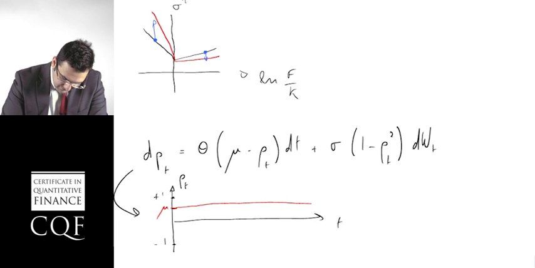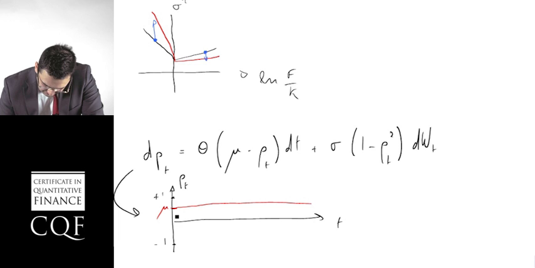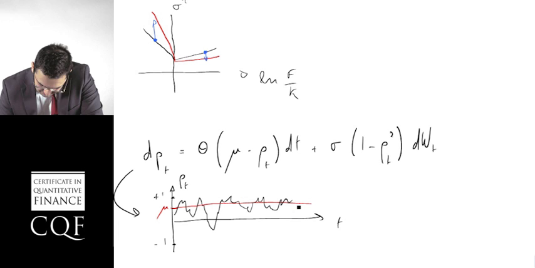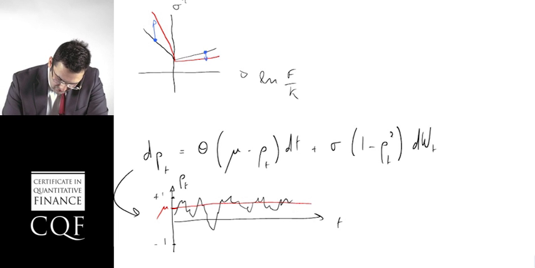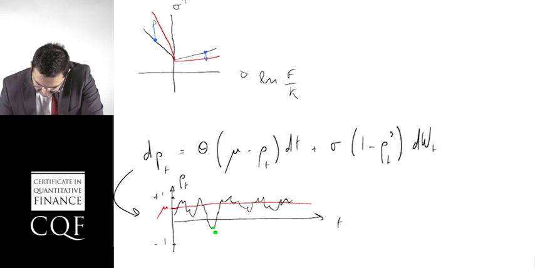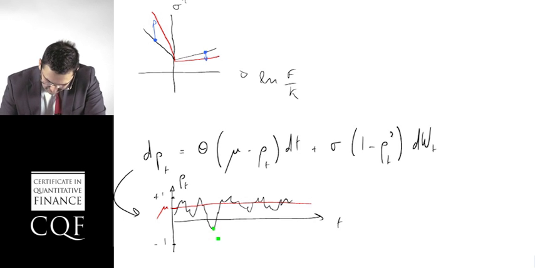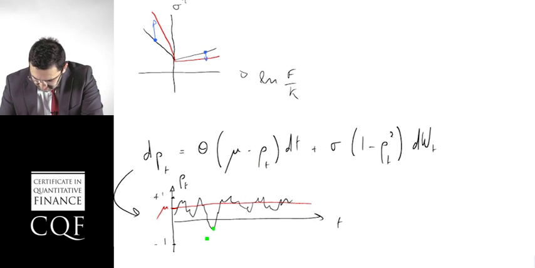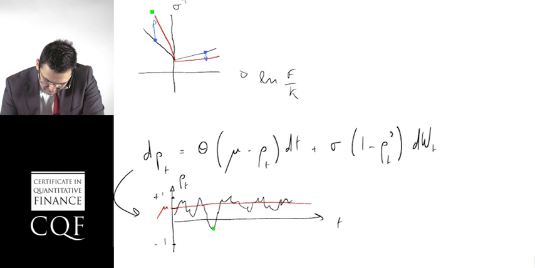So you start plotting what rho is through time, and you get something like this. It's a mean reverting stochastic process, and you want to make sure that in situations in which rho is significantly different from the mean, you take the positions and then the dynamic hedging strategy, which allows you to capture that kind of movement right here. So this is essentially what that equation is doing for you.